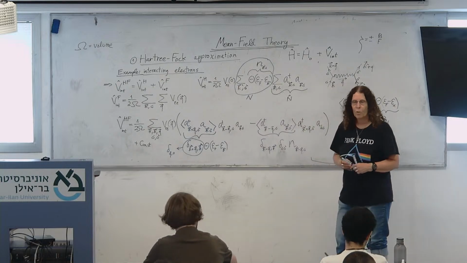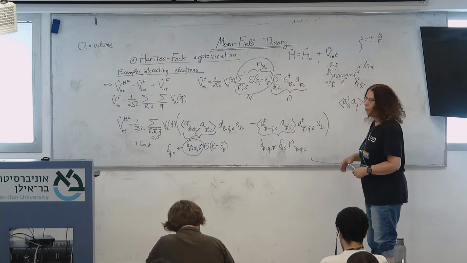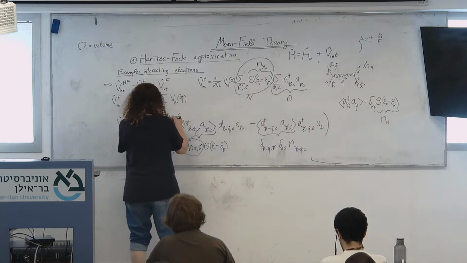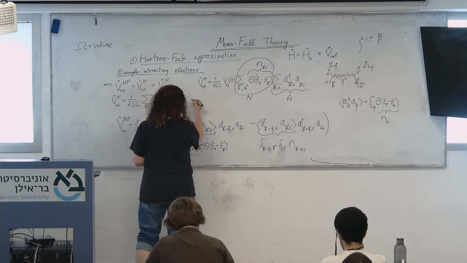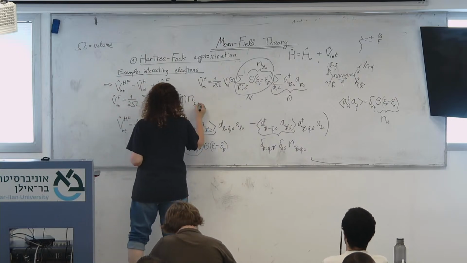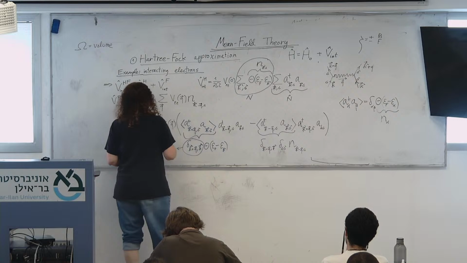It's the occupation, which is the theta of the Fermi, etc. So I have the occupation of K minus Q.